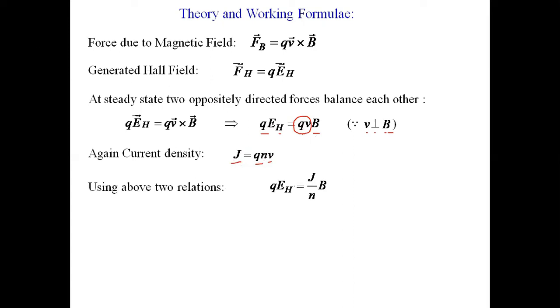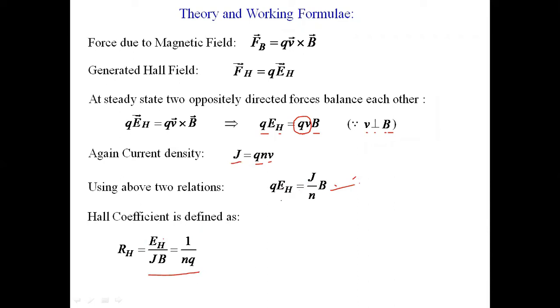So if we replace it, then our equation will be Q E_H as usual, and instead of Q V, we write J by N. If we rewrite this equation, E_H by J B equals 1 by N Q. That quantity, E_H by J B, is called the Hall coefficient.